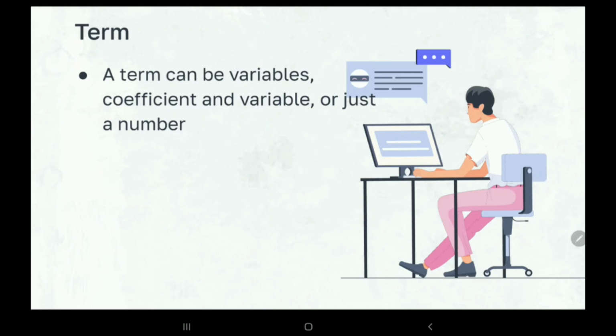So it can be a variable, for example x, and we can call this a term. Or a coefficient and variable, let's say 3y, this is also a term. Or just a number, like for example 4.